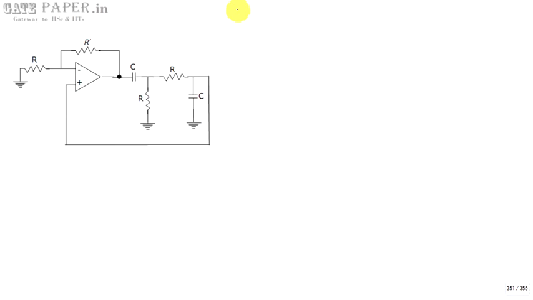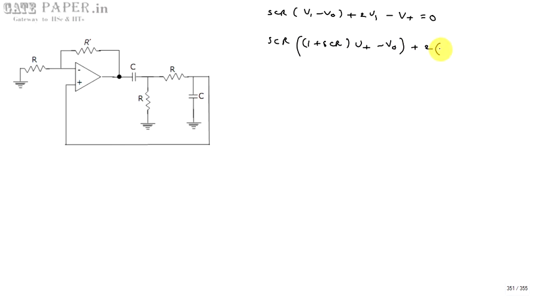Then the equation is SCR multiplied by (V1 minus V0) plus 2V1 minus V plus is equal to 0, and you are substituting V1, which is equal to (1 plus SCR) times V plus. So SCR times ((1 plus SCR) V plus minus V0) plus 2 times (1 plus SCR) times V plus minus V plus is equal to 0.